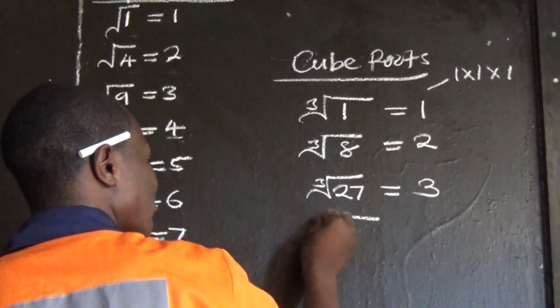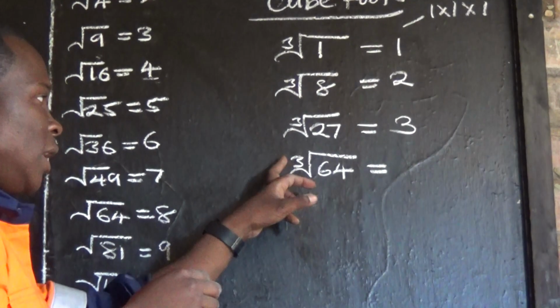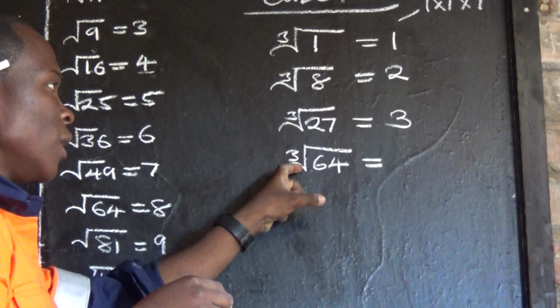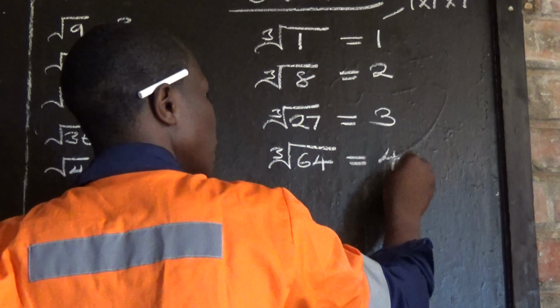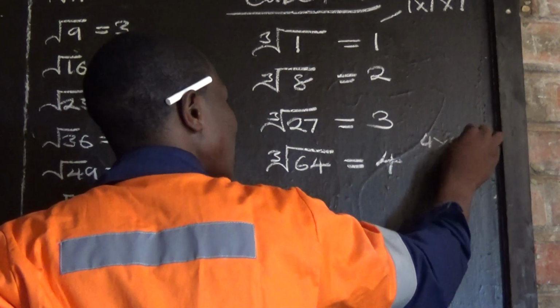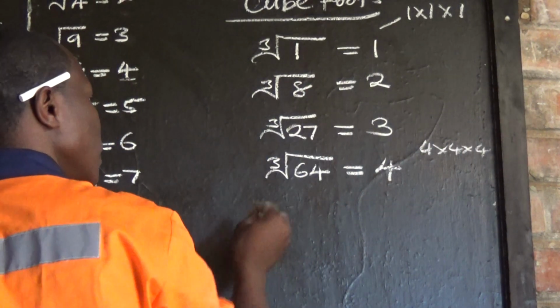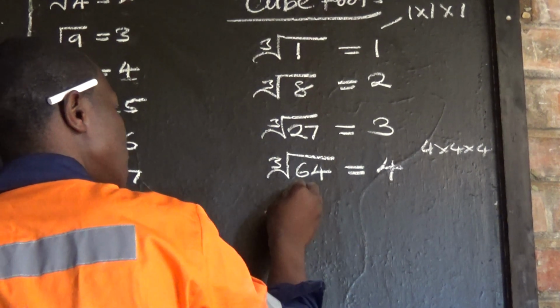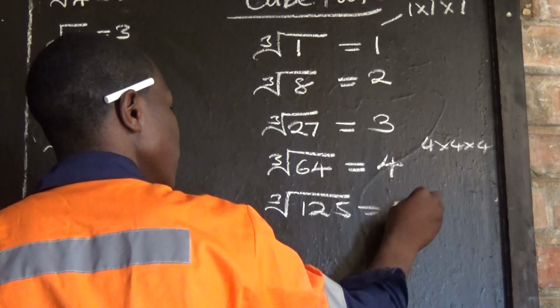The cube root of 64, meaning the number you can multiply 3 times to get this number, is 4, because 4 times 4 times 4, 4 times 4, 16 times 4, you get 64. Then you need also to know the cube root of 125, which is 5.